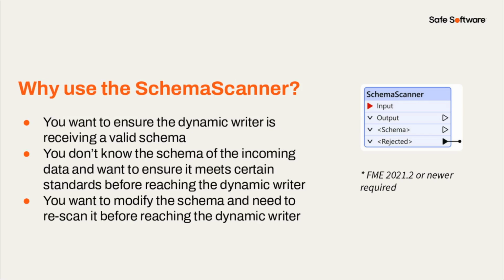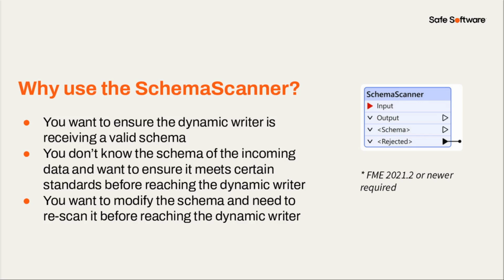So why would you want to use the schema scanner? How is this useful in your workflows? And especially when you're working with dynamic workflows, where does this have its place? You might want to use the schema scanner when you want to ensure the dynamic writer is receiving a valid schema. As I mentioned before, I've found in some cases the schema's changed somehow before it reaches the writer, especially when you're working with larger workspaces. It's harder to find that point where it's breaking.